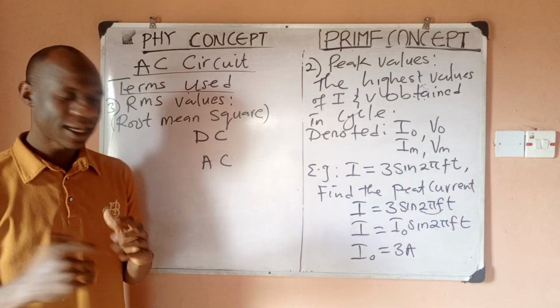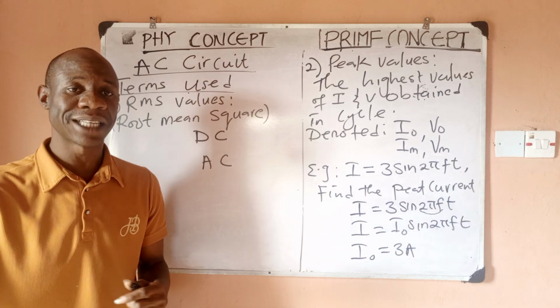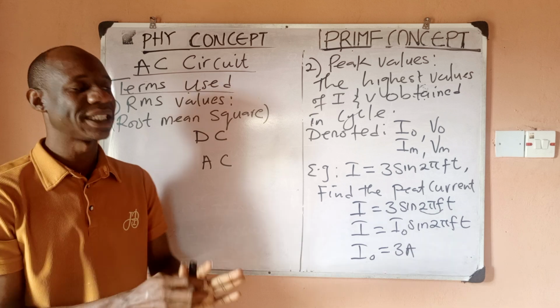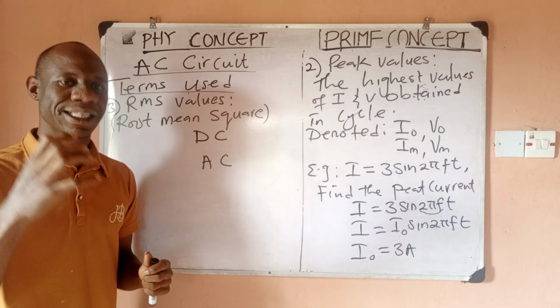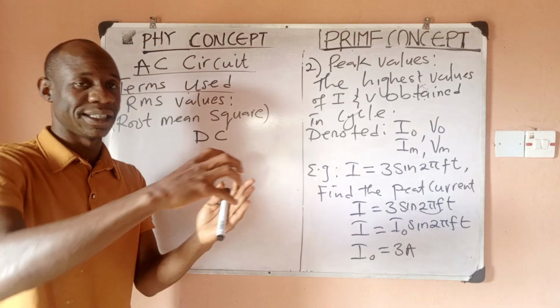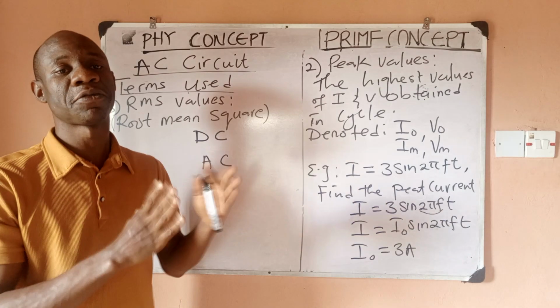So if I have to compare an AC to a DC, I will first of all convert the AC into DC so that the equivalent value can now be compared to another DC. When you convert an AC into DC, what you now call that particular DC is the RMS value.